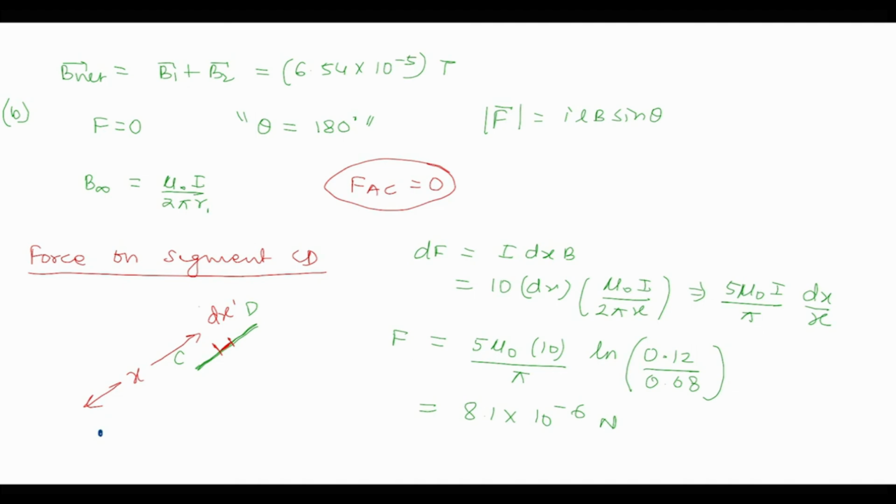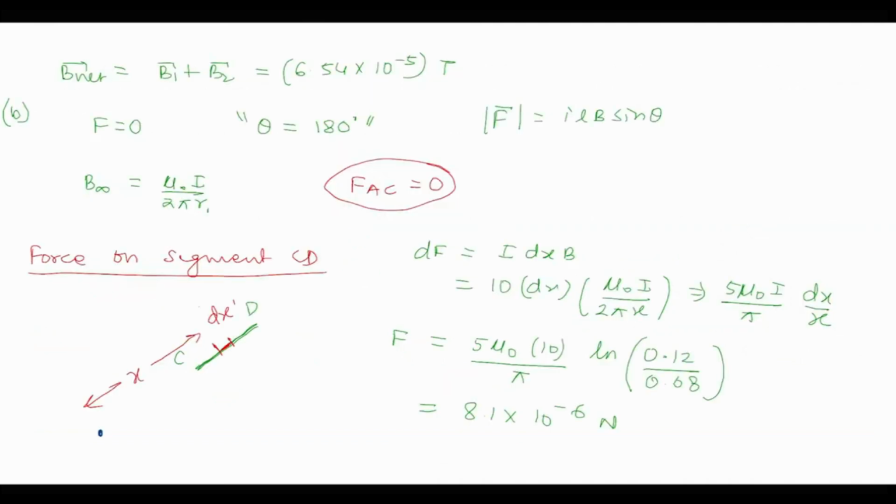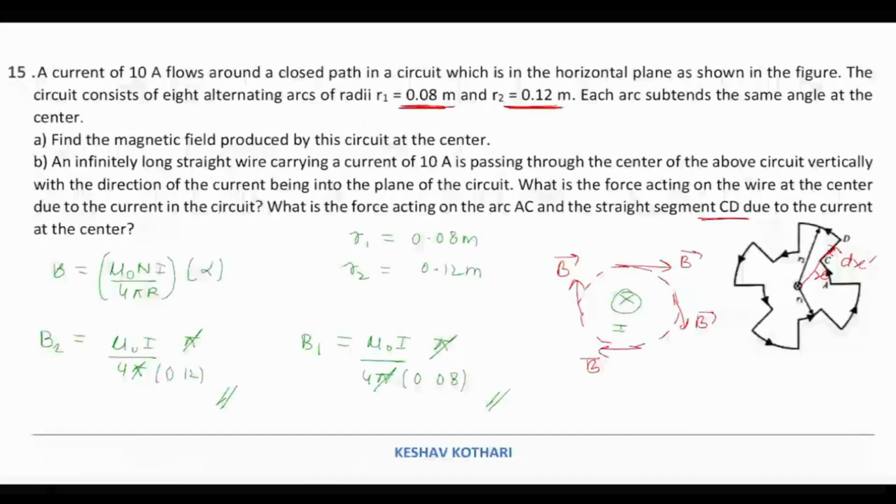To calculate the direction of force, if we go back to the previous diagram, we see that the current in the wire CD will be in the upward direction. So this is the direction of current which we have. And the direction of the magnetic field, from the previous problem we have seen that along any distance it is going to be somewhat like this. At this portion the direction of magnetic field was like this, B vector.